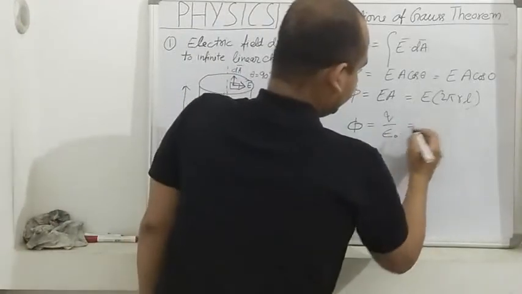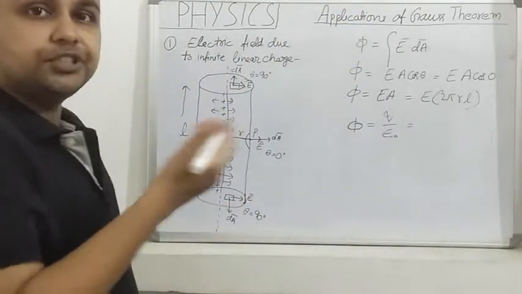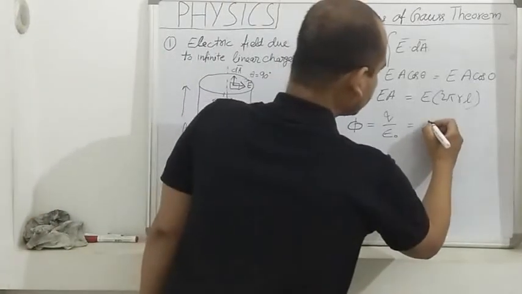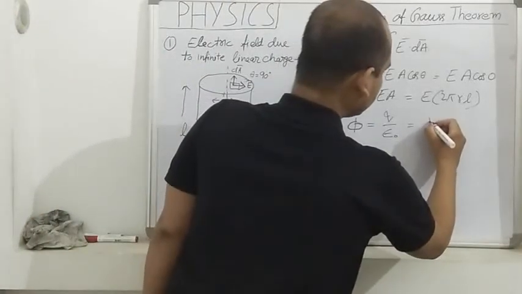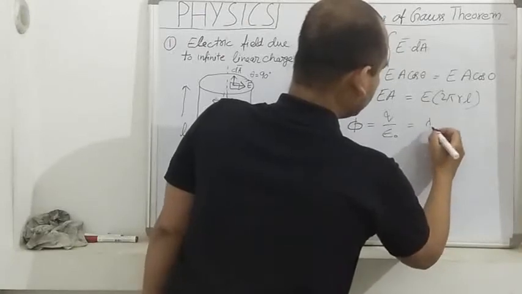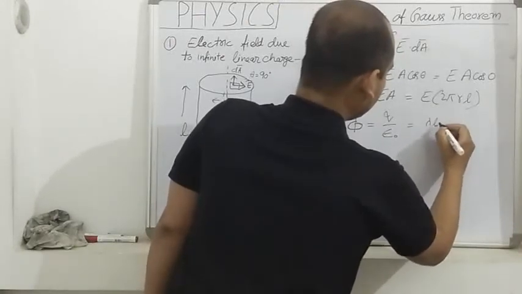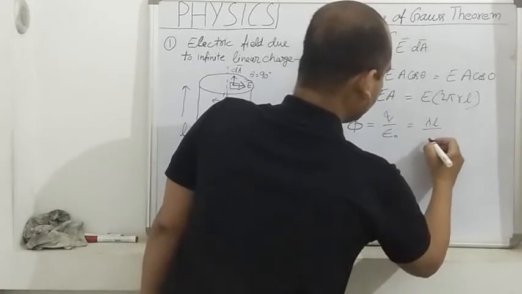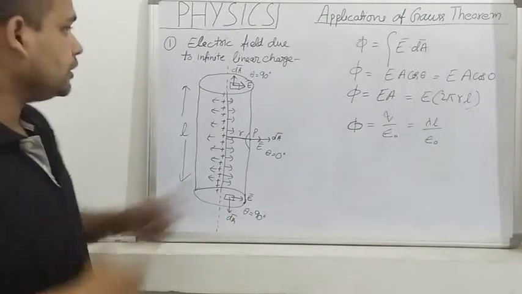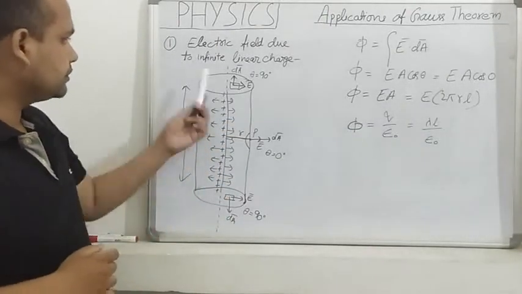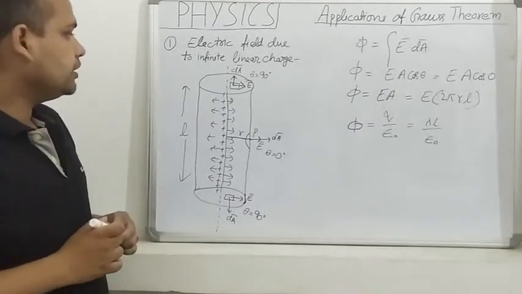Or we can say in terms of charge density, it will be equal to lambda L upon epsilon naught.